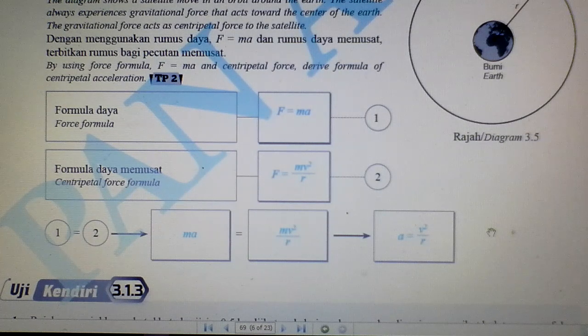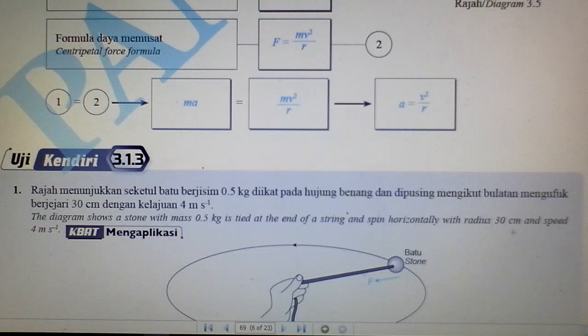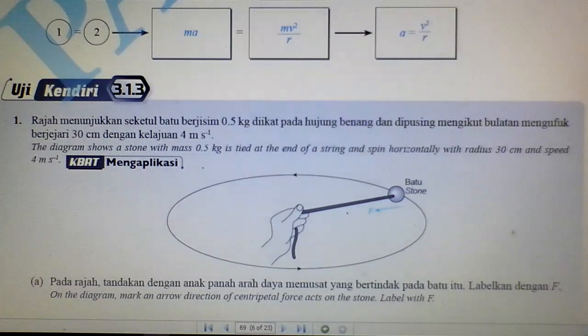Okay, now we go to the Uji Kendiri 3.1.3. Okay, number 1. The diagram shows a stone with mass 0.5 kg tied to the end of a string and spun horizontally with radius 30 cm and speed 4 meter per second.